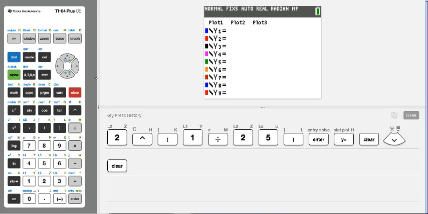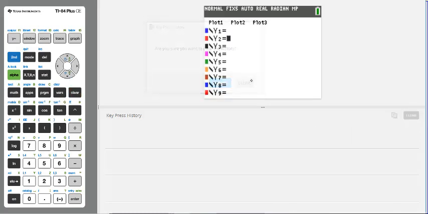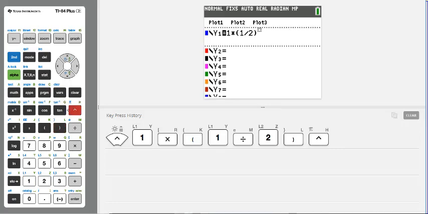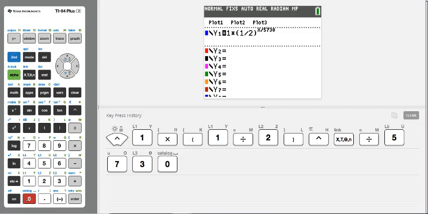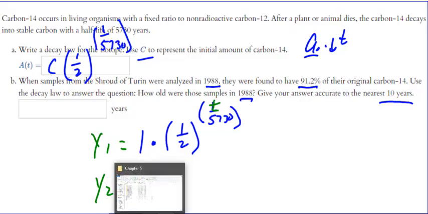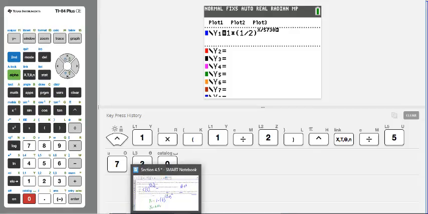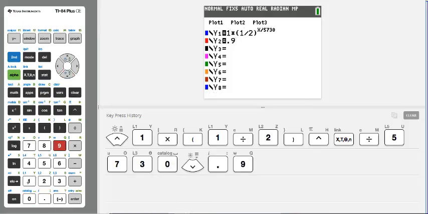All right, back up. So we're going to go 1 times, and that 1 is just there to show you the initial amount, right? 1/2 raised to the x divided by 5730, and I think that's 5730. Yeah. All right, now 0.912. How many years? Well, let's just hit graph.